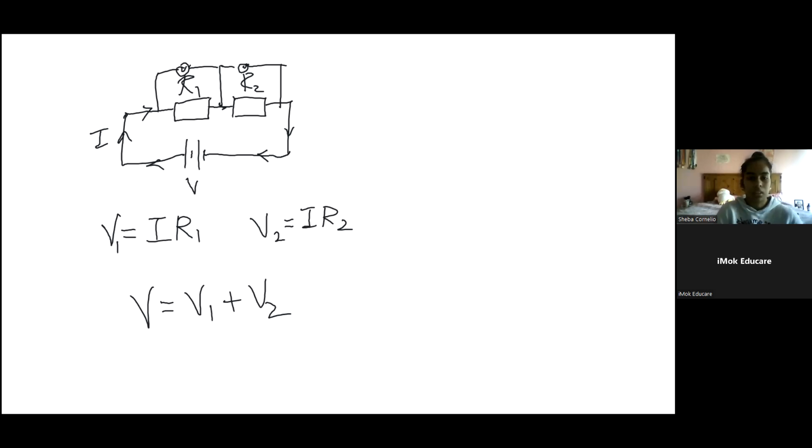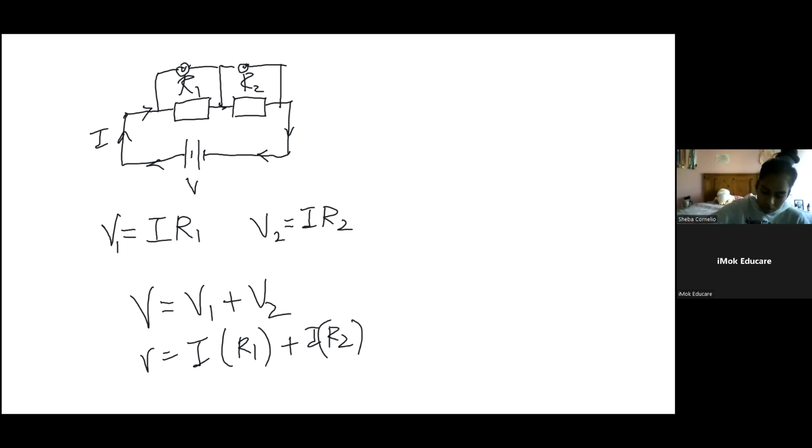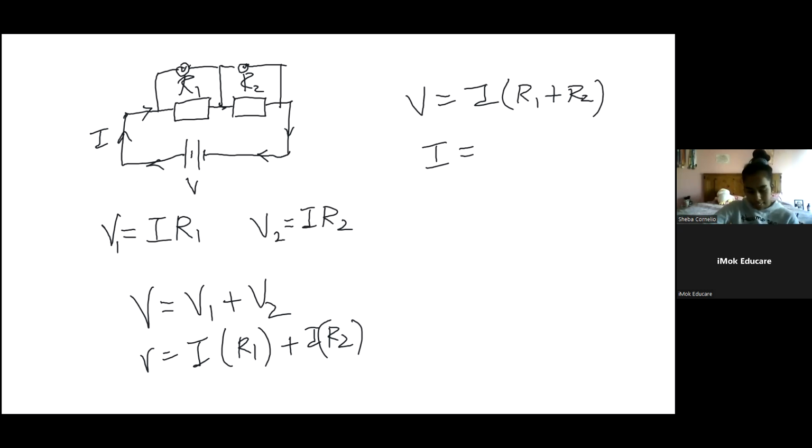And you can follow that V is equal to I into R1 plus I into R2. Make sense? So I can say that V is equal to I (R1 plus R2). Okay. So I can say that I is equal to V by (R1 plus R2).